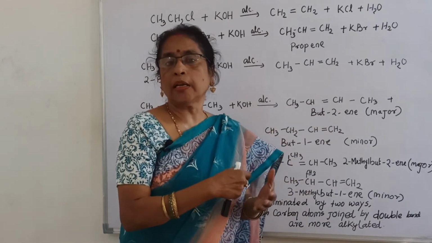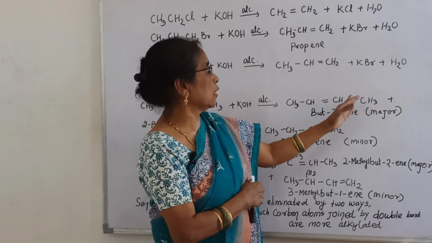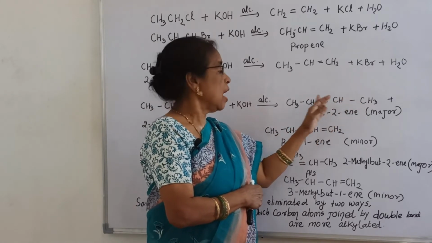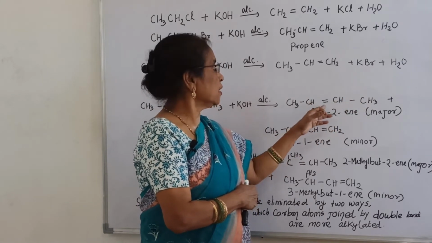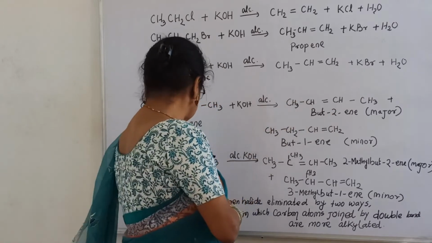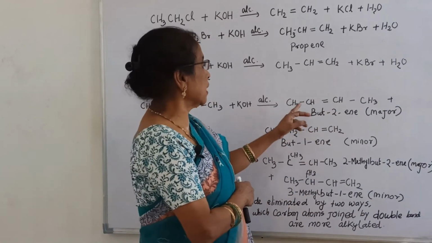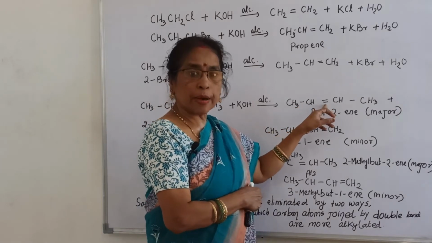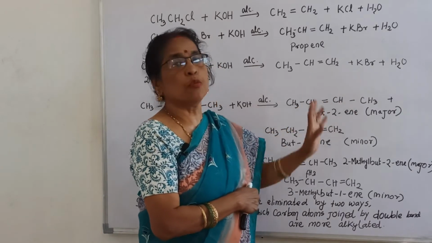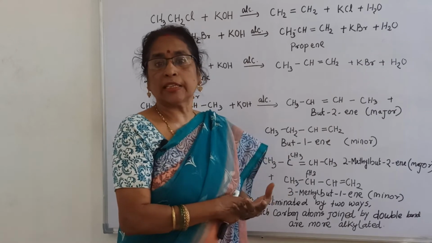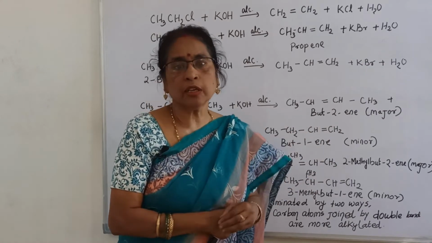What type of alkyl group joins to these two carbons? The rule says that the alkene is formed in excess where the carbon atoms joined by the double bond are more alkylated. More alkylated means that is the major product.